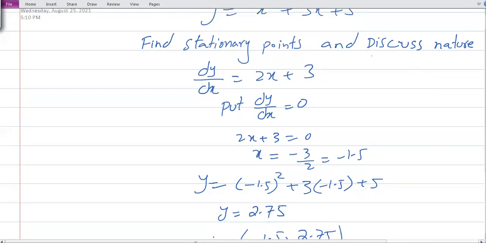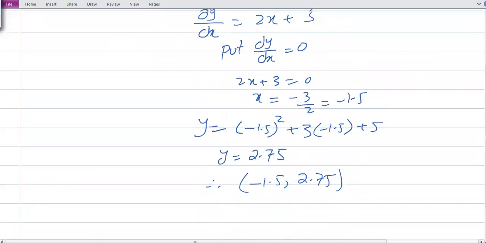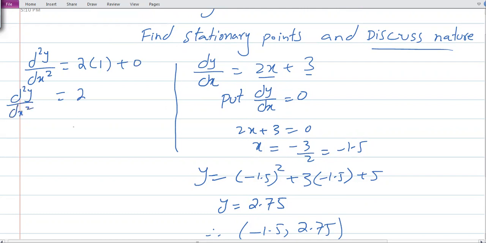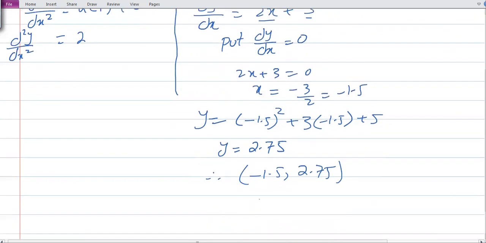But now we have to discuss the nature of the stationary point. For that, take another derivative. This is your dy over dx. Take another derivative. What will it be? d2y over dx square. What will be the derivative of 2x? It will be 2 into 1 plus the derivative of 3 is 0. So that will be 2. Okay, now put this point inside this one. Mathematically, we write it like this, at minus 1.5, 2.75.